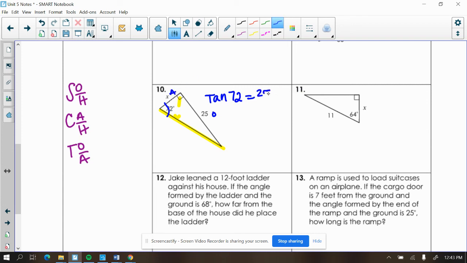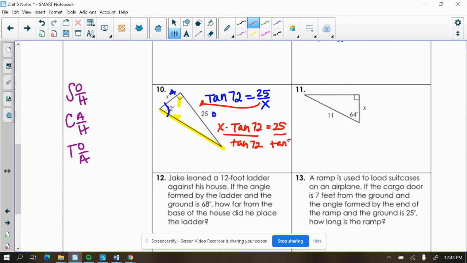So this one we are not going to solve when x is on the bottom because then it gets kind of tricky. I'll show you. If we move this over here, like we were moving the numbers, it becomes x times tangent 72 equals 25. Then we have to divide again to get x by itself.